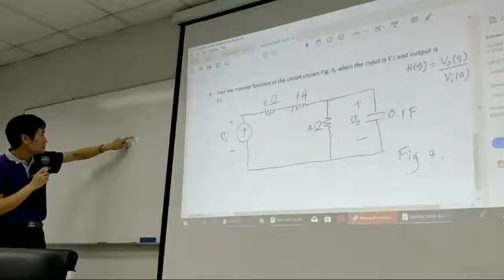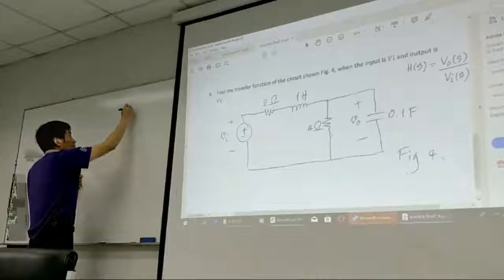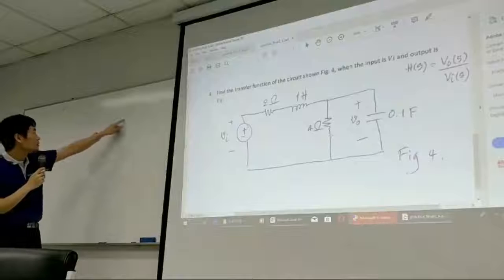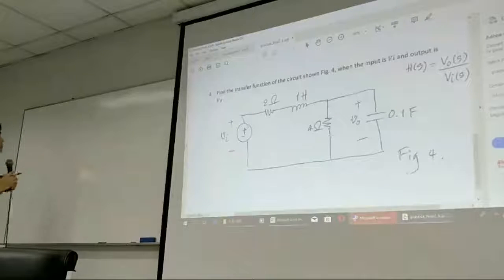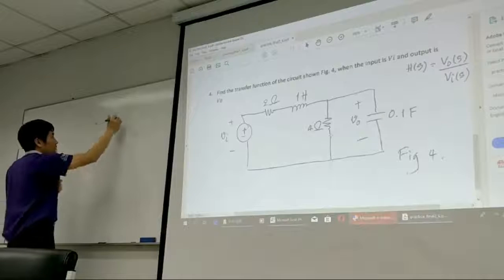Actually, that V is equal to V0. Can you see it? If I write V0, it's not wrong, okay? But we don't know the magnitude. We know this. So we're going to write the node equation at this one.